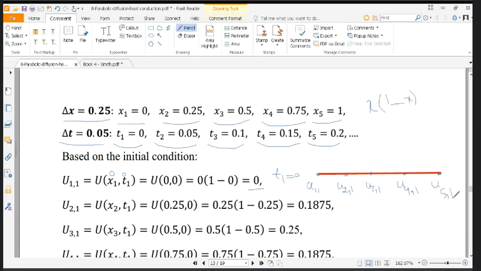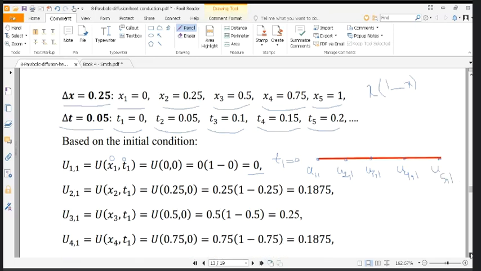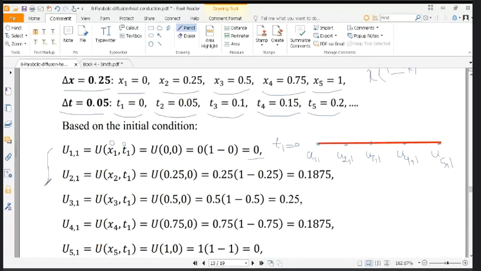These points are here. We are going to compute the value of u in the initial step based on the initial condition. When we say u1 and 1, it means u of x1 and t1; u2 and 1 means u of x2 and t1; u3 and 1 means u of x3 and t1; u4 and 1 means u of x4 and t1; and u5 and 1 means u of x5 and t1.